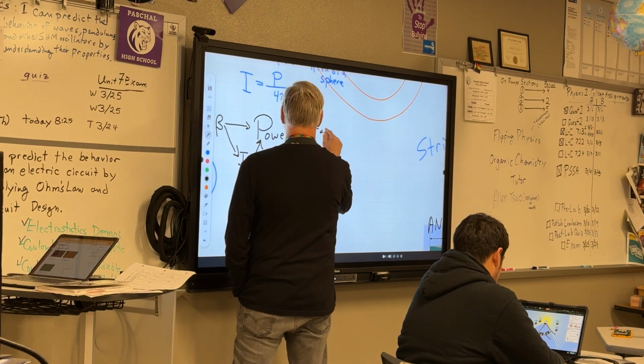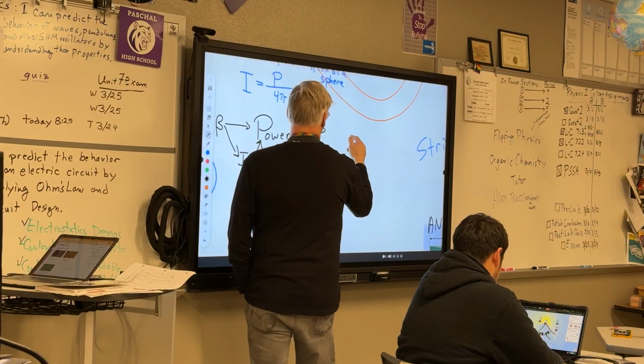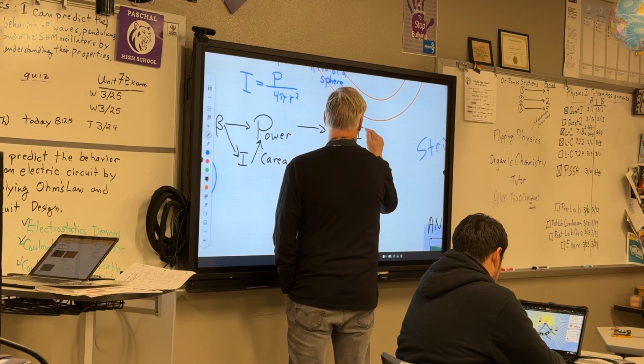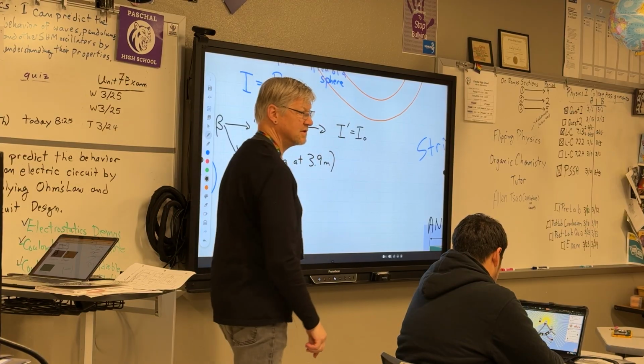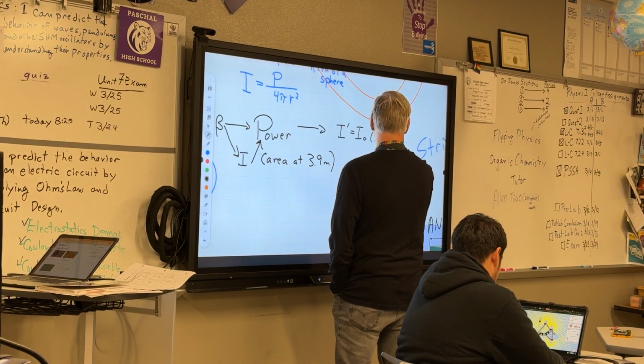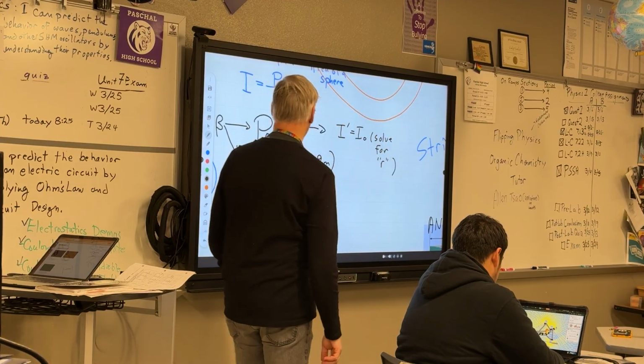And then I'm going to use the power to calculate the new intensity. I'm going to set the new intensity equal to I naught and solve for the distance away, solve for R. I'm going to go through that process with you.